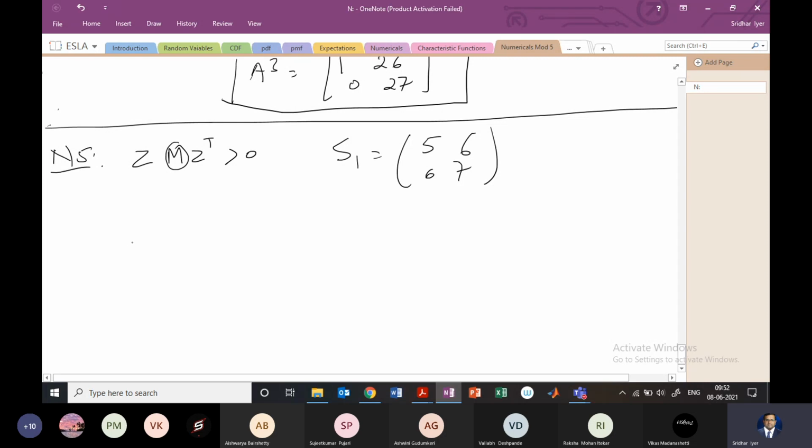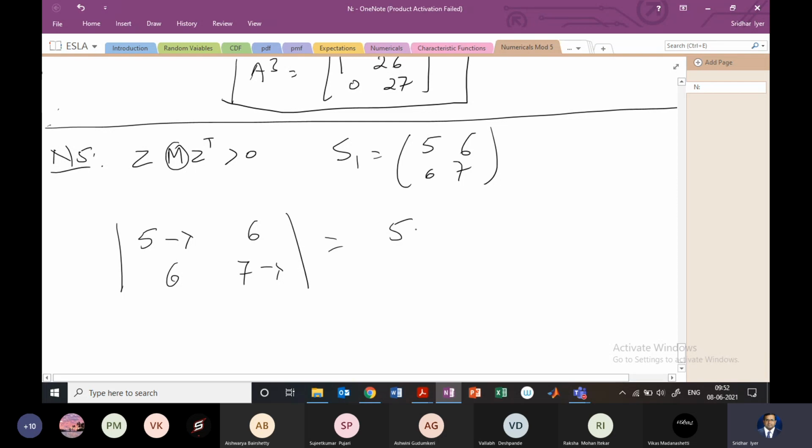We can solve this by finding the determinant, which is 5 minus lambda, 6, 6, 7 minus lambda, right?